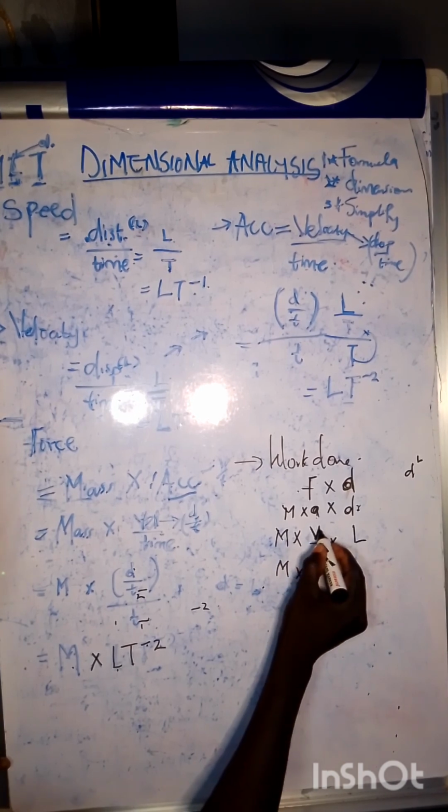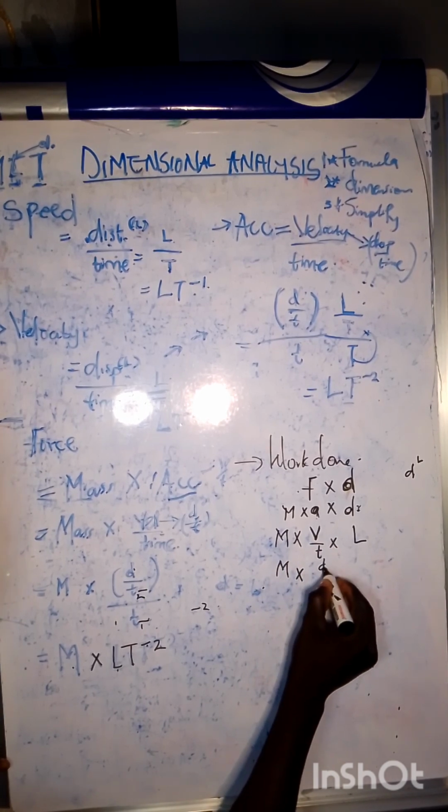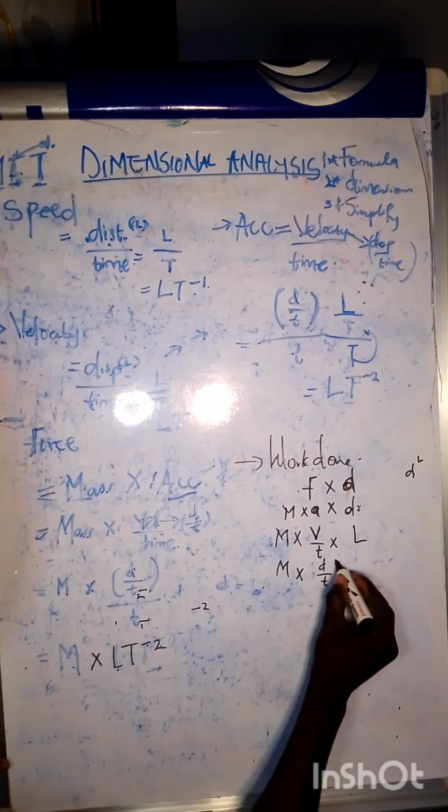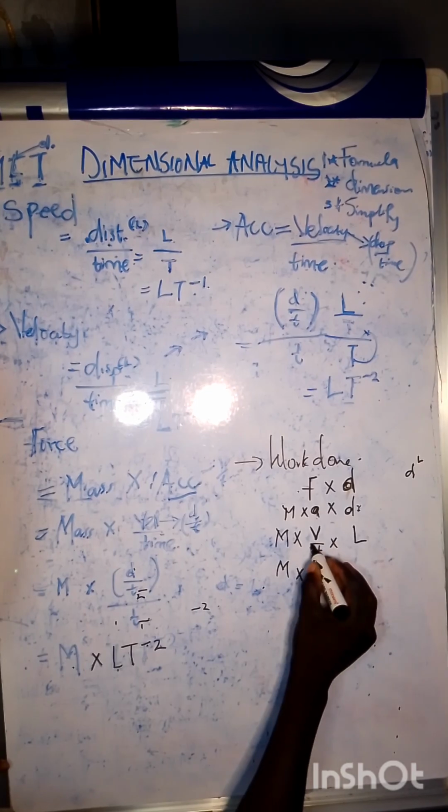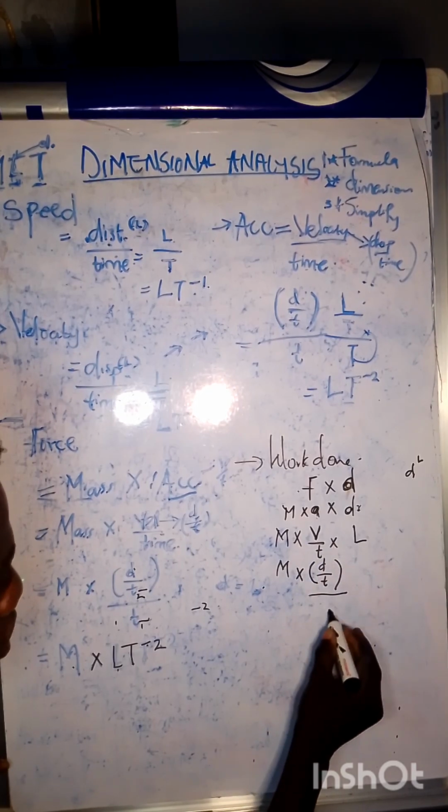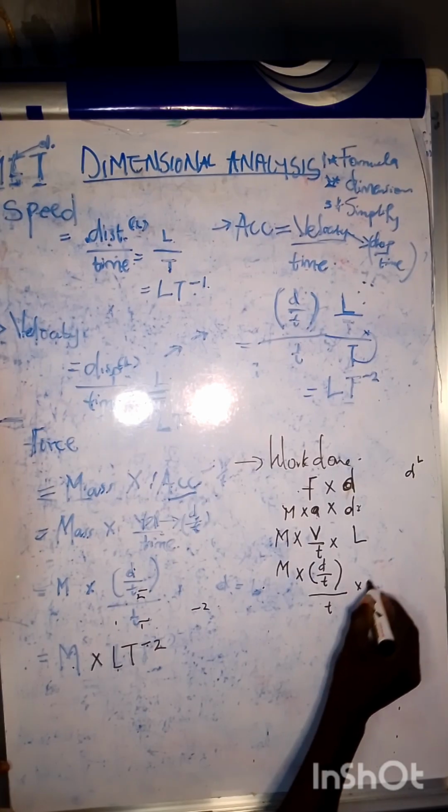Velocity is the rate of change of displacement with time. Are you with me? Then don't forget to divide it by your time, then multiply by your L.